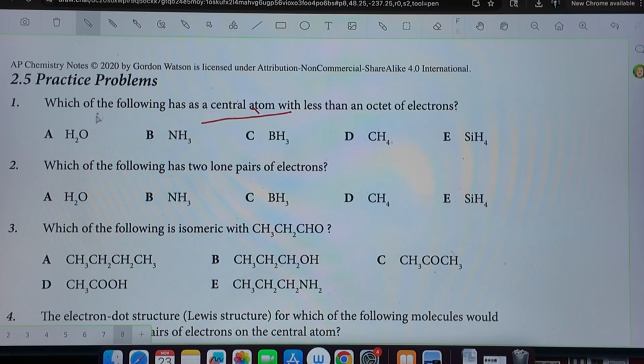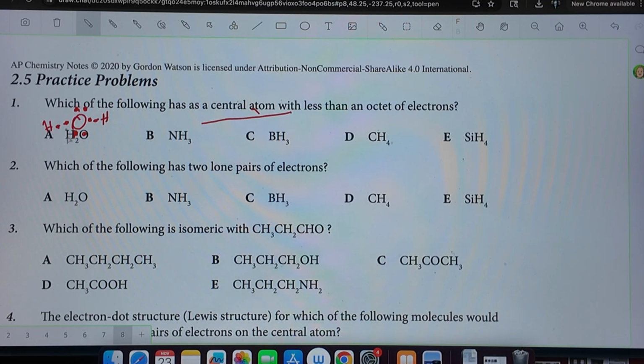Oxygen has 6 electrons, 2 in the first shell and then 6. But then hydrogen comes along and makes a bond here, and another hydrogen makes a bond here. So now it has 8. Oxygen is central, but it has exactly an octet of electrons.